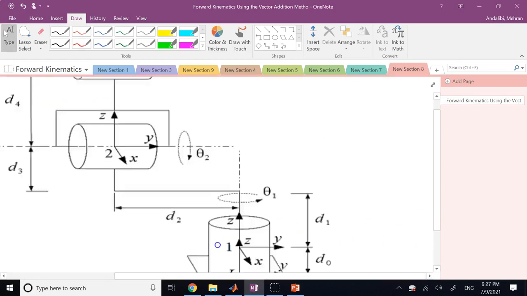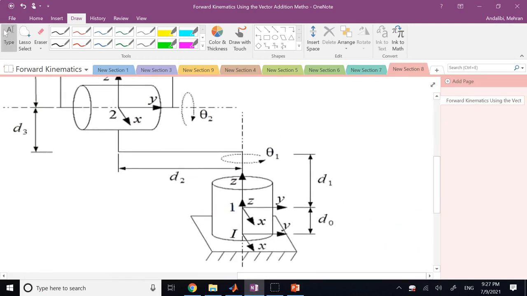If we go down here to the base of the robot, my origin of the base frame I set right here at the bottom, at the center of the first joint. We call the base frame here I, or if you want, you can call it frame 0. It does not matter really.